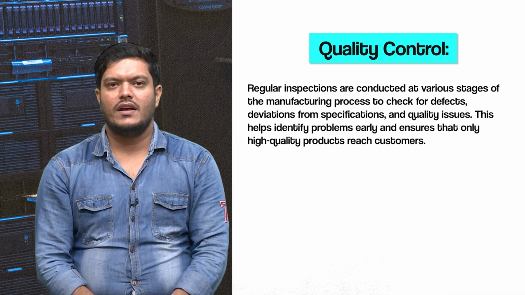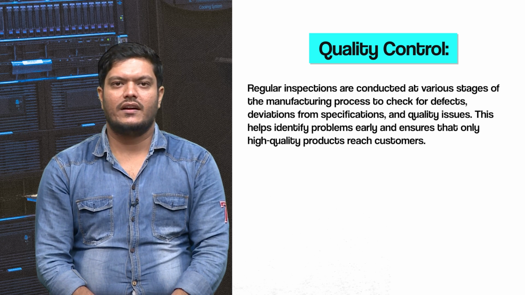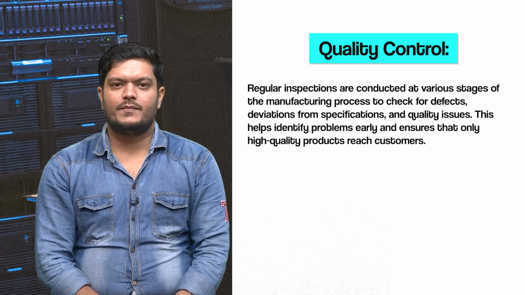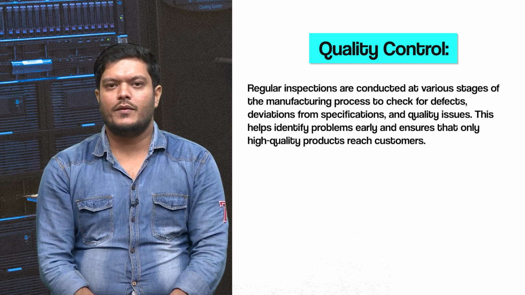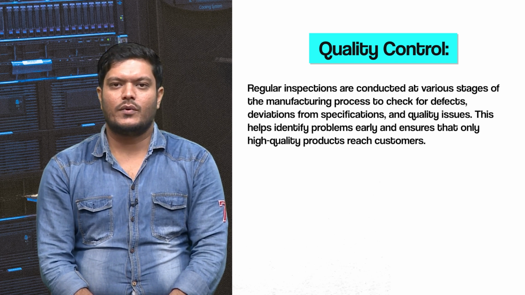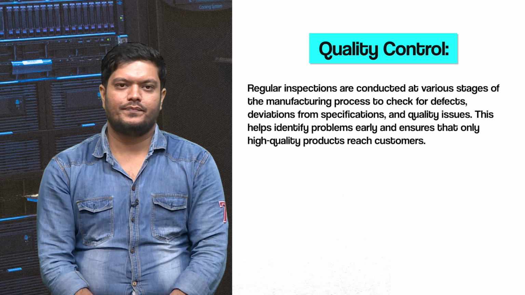Quality control. Regular inspections are conducted at various stages of the manufacturing process to check for defects, deviation from specification and quality issues. This helps identify problems early and ensure that only high quality products reach customers.